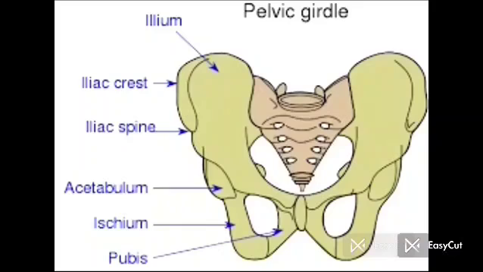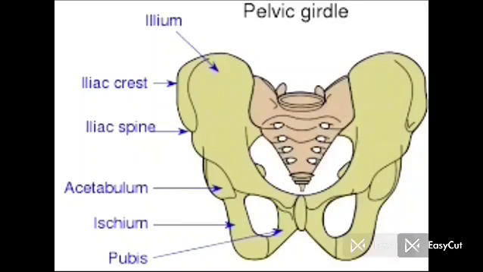Next, have a look at the pelvic girdle. So this pelvic girdle is found in the lower half of our body, mainly in the waist region, and this is composed of 2 bones. The pelvic girdle can also be called innominate, and this innominate is mainly composed of 2 hip bones.